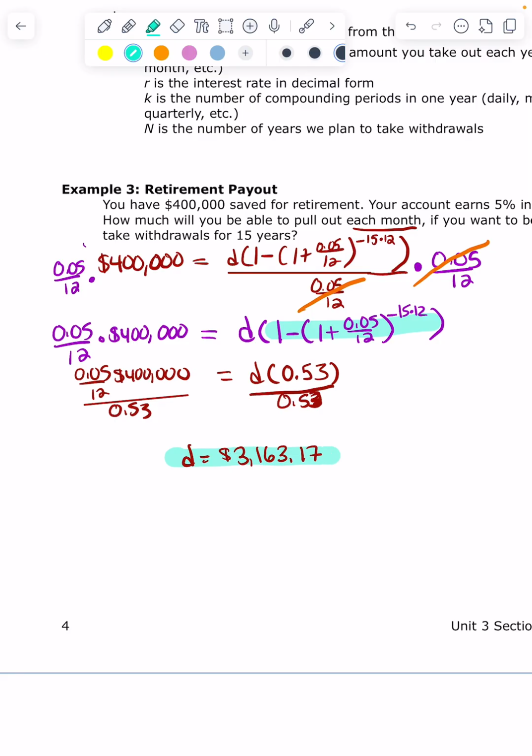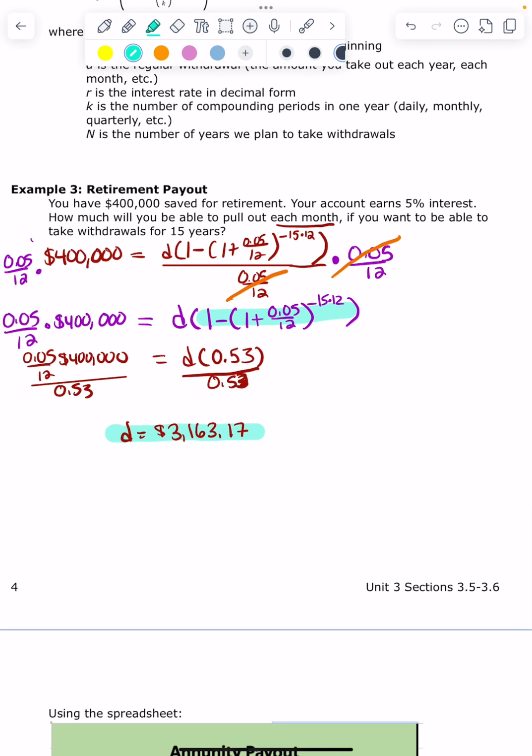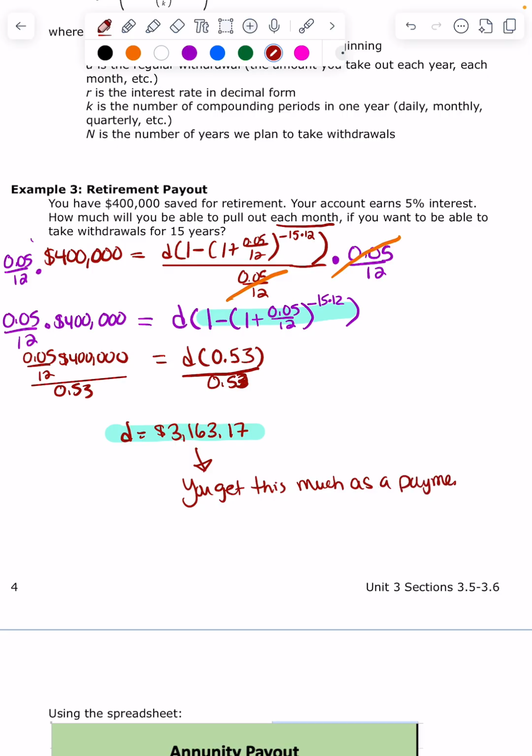So that's how much you need to... Oh no, that's not how much you're saving. That's how much you get to pull out each month. That's why it's higher. So you get this much as a payment when in retirement.